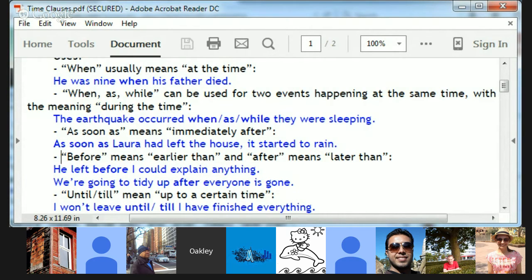As soon as he comes, that's one clause, comma, I will leave. Your other clause, your independent clause, can be future tense. Whichever subordinator you're using doesn't matter. Other ones can be used in the same way, and will be in present tense.